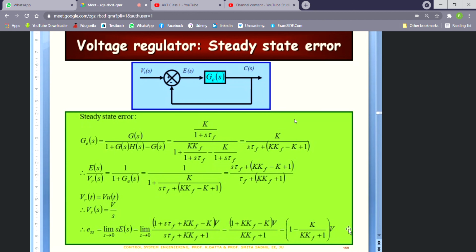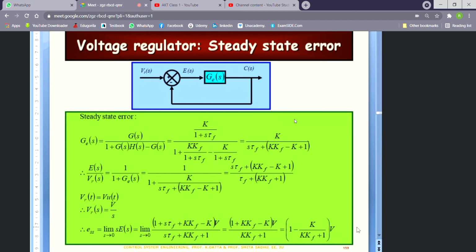So we did not expect the steady state error to be 0, and we found that it is not 0. That is the most I can say regarding the steady state error. There is some amount of steady state error, and that is what is expected for this voltage regulator system.